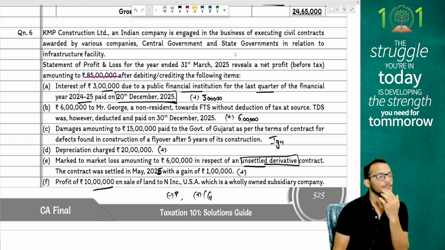MTM loss is only allowed... MTM loss other than those covered in ICDS is not allowed, full stop.